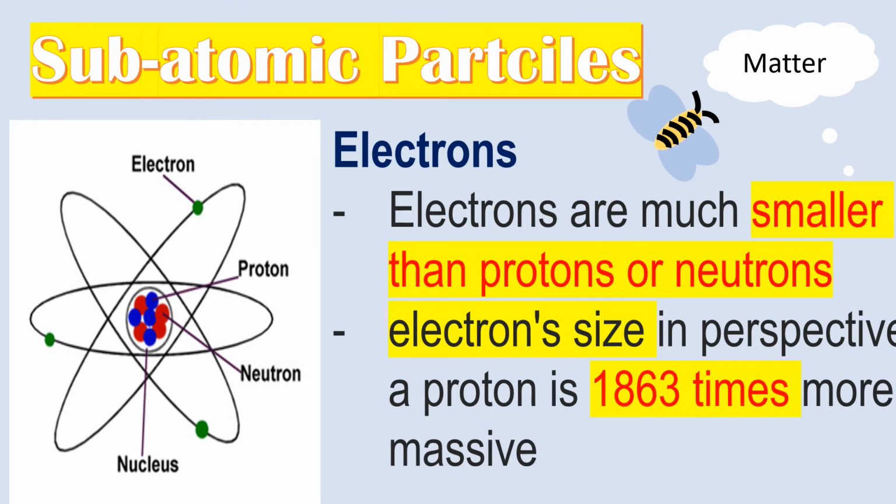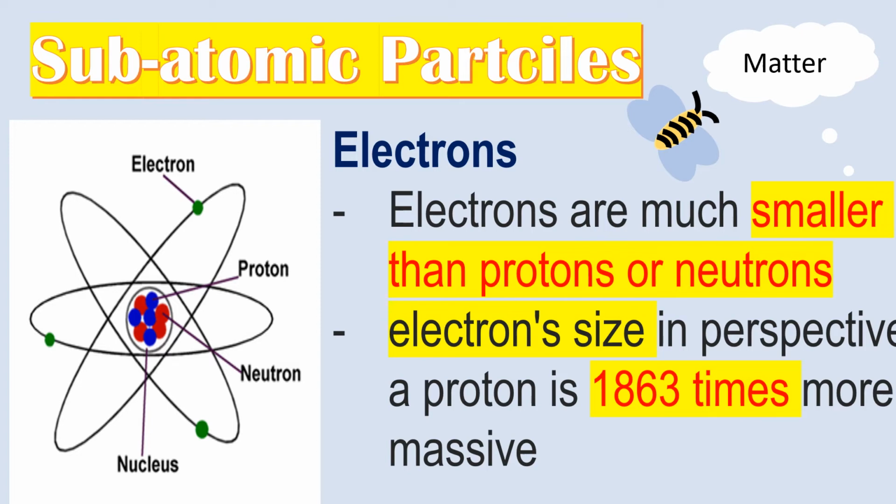The third major subatomic particle of an atom is the electron. The electrons are much smaller than protons and neutrons, and typically orbit an atomic nucleus at a relatively great distance from its core.